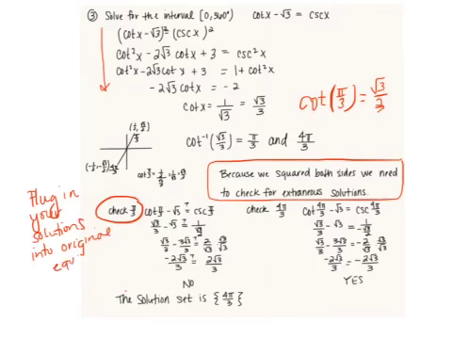Then you'll do the algebra to check, and you'll see that this one only differs by a sign, so this is not a solution. And this is a solution because we see that it's verified. So our solution set only holds one value for this problem, and that is 4 pi over 3.